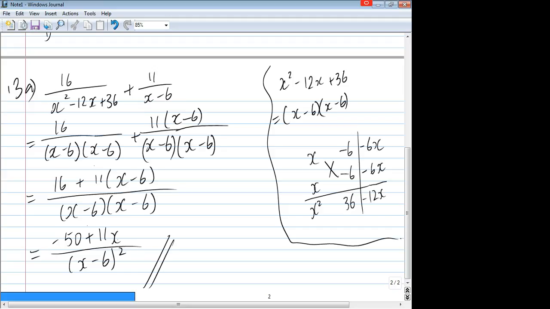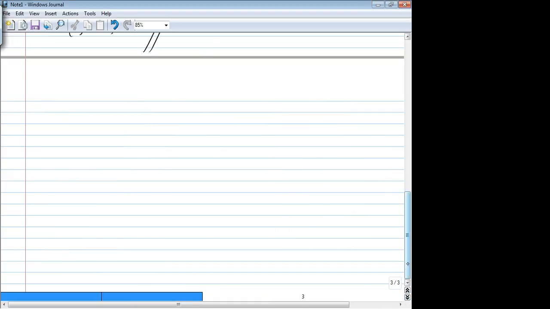Can I move on? Next, we have 13b. We need to simplify x squared times y times z to the power of 3, and we square it.